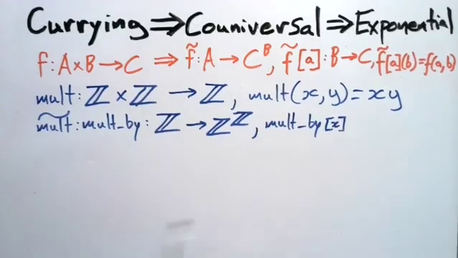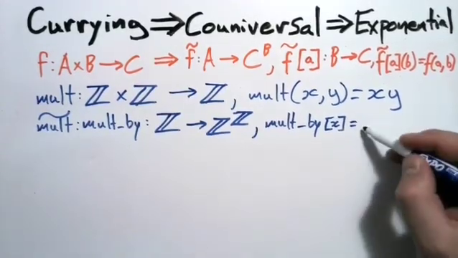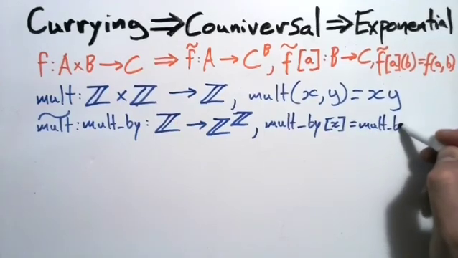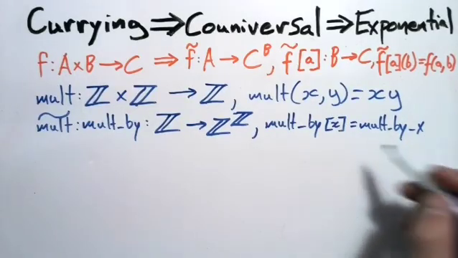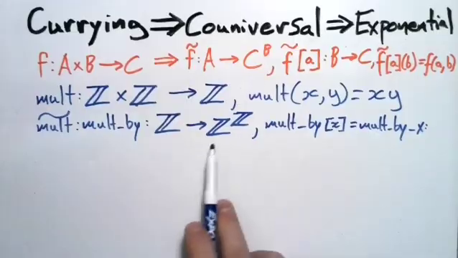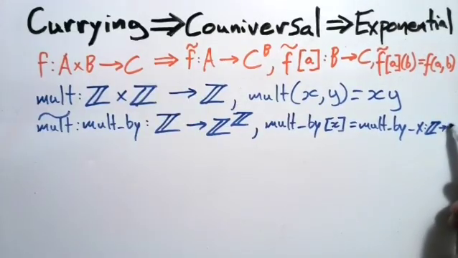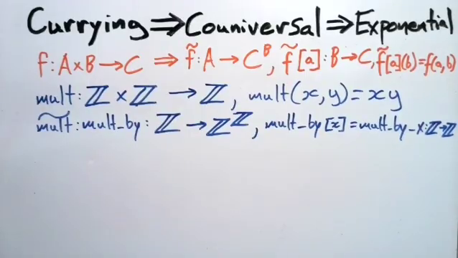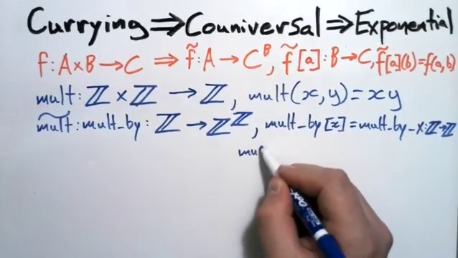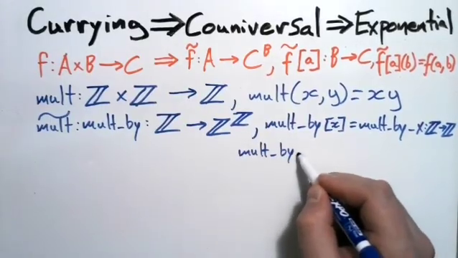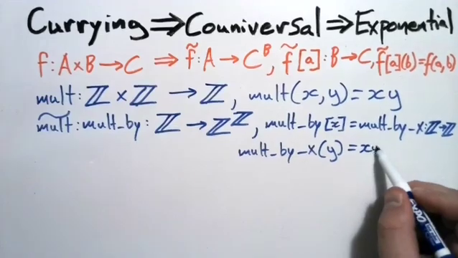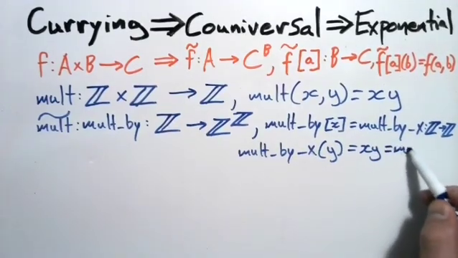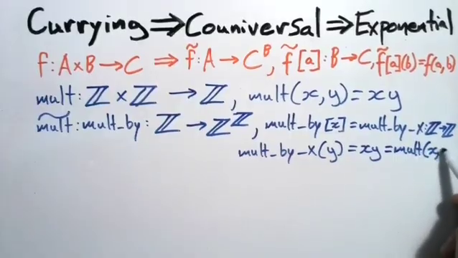So multiply by of x gives us multiply by x back. So this is a function now, multiply by x, which goes from the integers into the integers, right? We need it to return something of this type. And it's defined, as we know, by multiply by x of some y is equal to x times y, which obviously is equal to multiply of x and y.